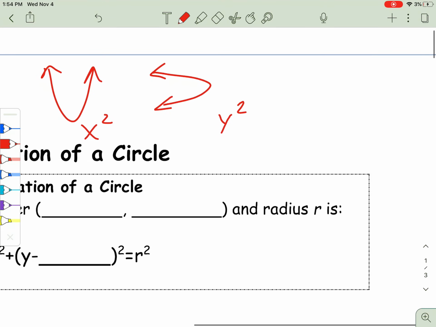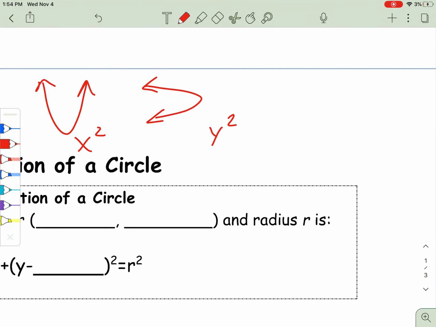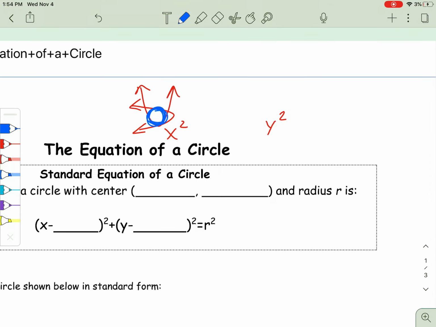And if you can think about, and this is very vague, so this is clearly not the case, when we get into this, you'll see. But if you combine those two, let's just say I combine those two and move them together so that they overlap, you can see this little circle that develops from that overlapping period.